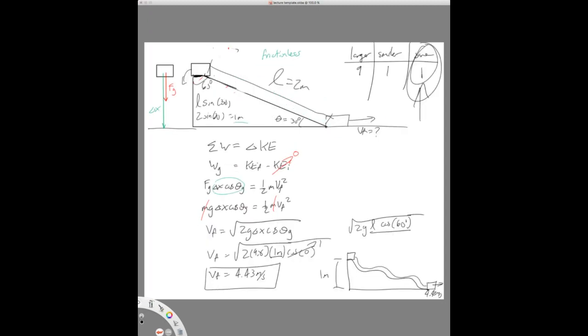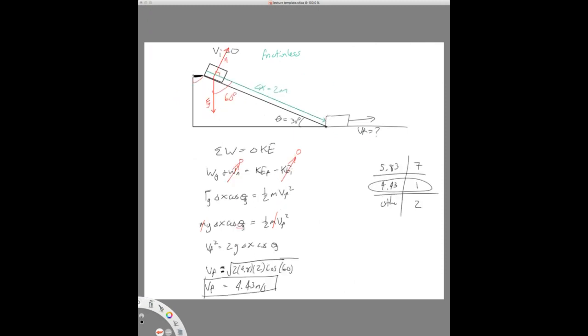Yeah, so my point was the first version we did, when we get to this stage, if we're plugging in numbers, the delta x times the cosine of theta g, which is right here, 2 times cosine of 60 equals 1 meter. And that's when it slides down the ramp, the 2 meter length times the cosine of 60 just gives us essentially the height here, which is 1 meter.